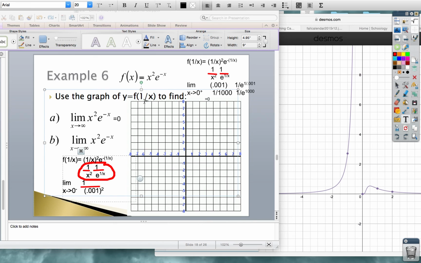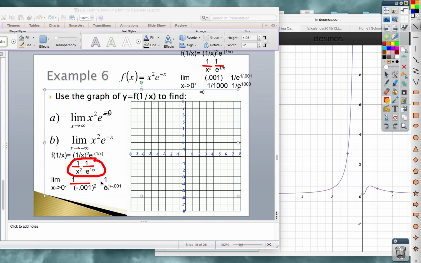So that's going to be 1 divided by e to the 1 divided by negative 1,000th. I forgot to put negative 1,000th here too. We're choosing that because it's coming from the negative side, so we have to choose some value from the negative side. So this is what our function should look like for that limit.